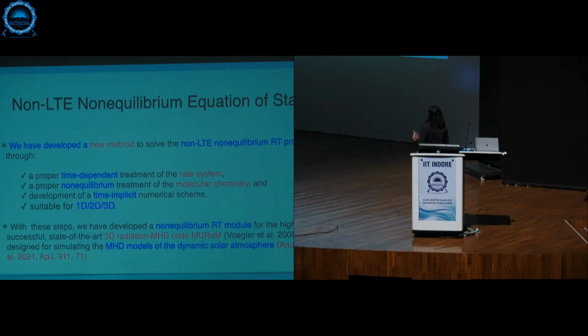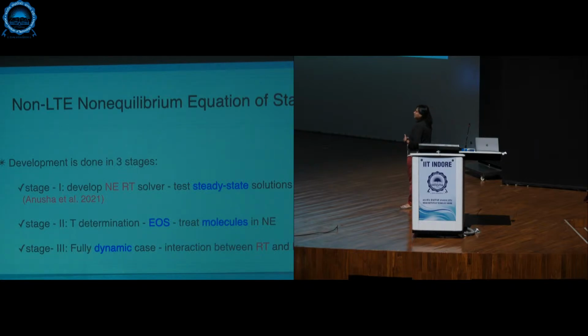It is a time implicit numerical scheme, and it is also suitable for 1D, 2D and 3D. The non-equilibrium method that we have developed is presented in this paper here.